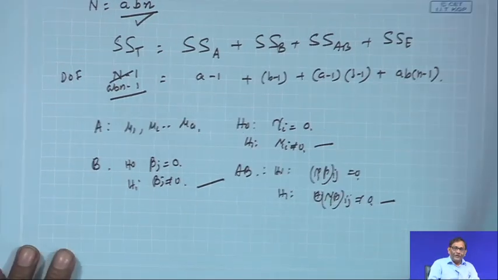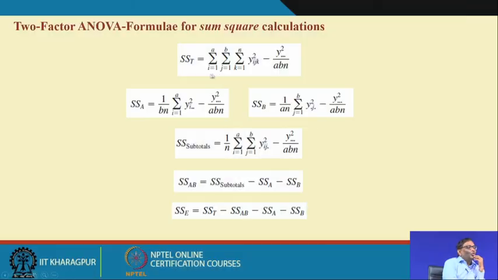That is the test. Now you see the computation part. How do you compute manually? It is an easy computation for equal sample size. SST is the sum total of all the observations squared minus the grand total squared divided by abn.